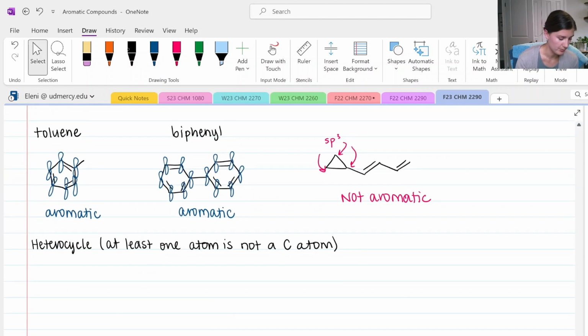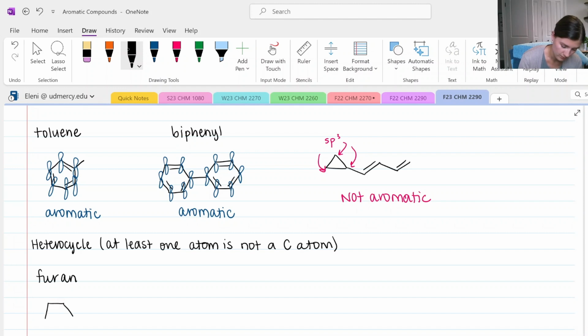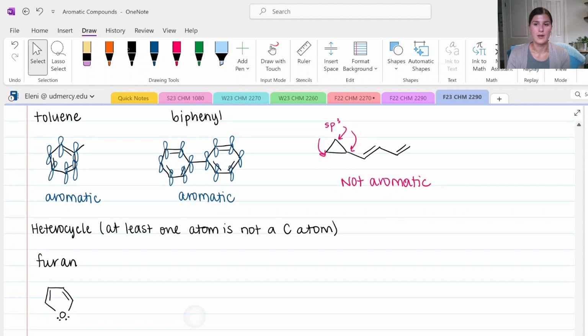So here's an example molecule, furan, where we have a 5-membered ring with 4 carbons and 1 oxygen atom. So is this molecule aromatic?